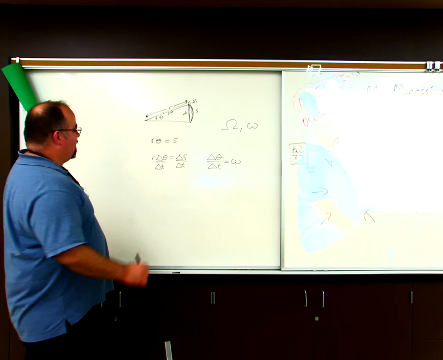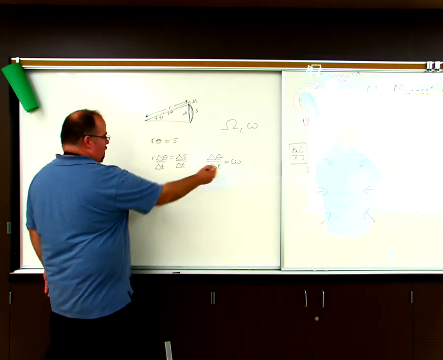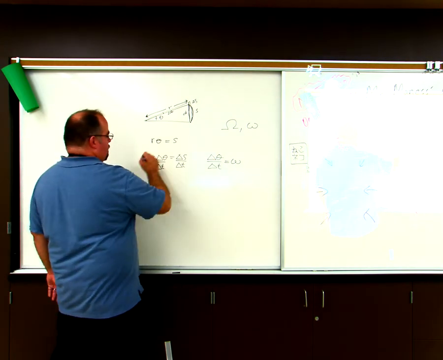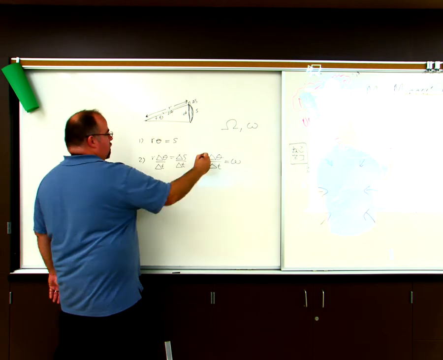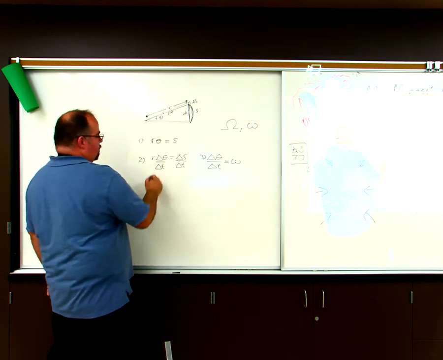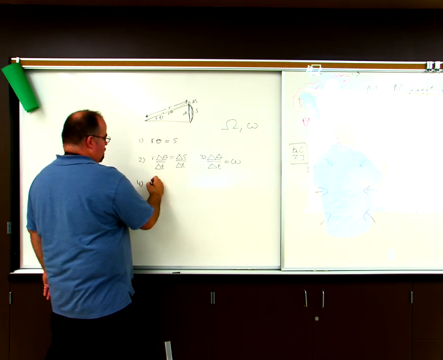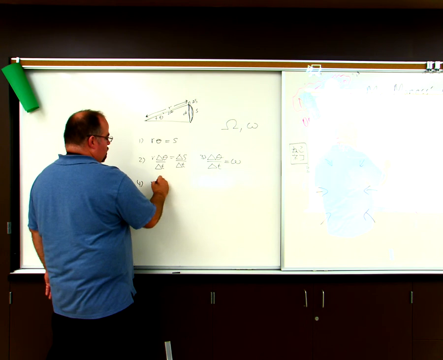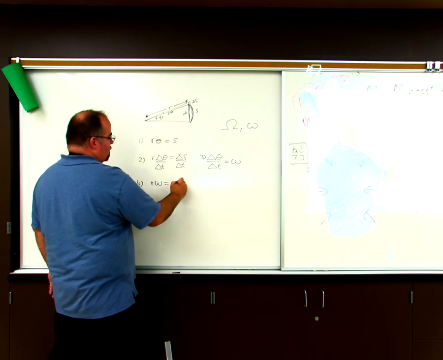Okay, so you can plug this in. If this is 1, 2, and 3, you can substitute 3 into 2 and get this guy right here: R omega equals the velocity.